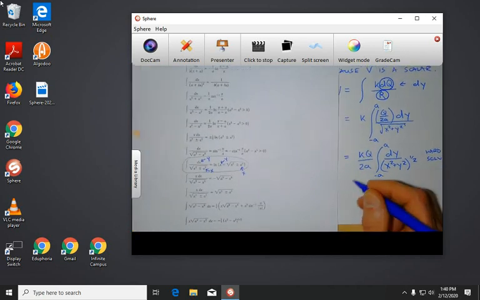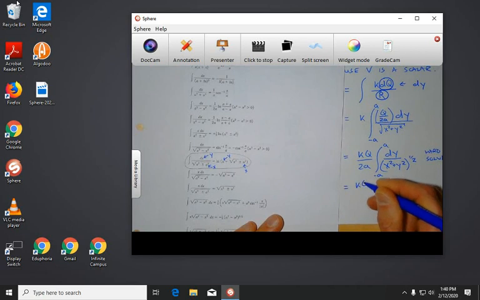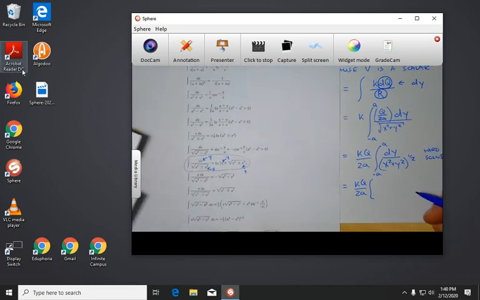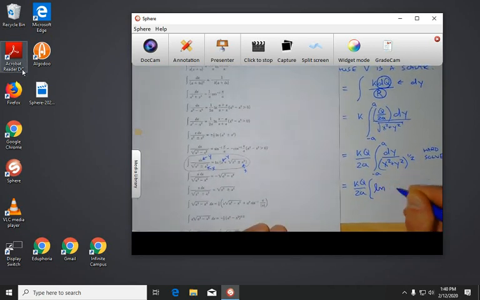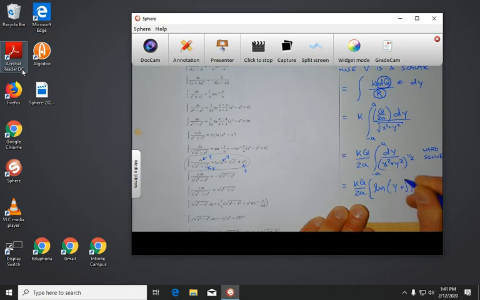So I'm going to go ahead and put this in here. I've got kq over 2a, brackets, and this ends up being times the natural log of the following: y plus the square root of y squared plus x squared, from positive a to negative a.